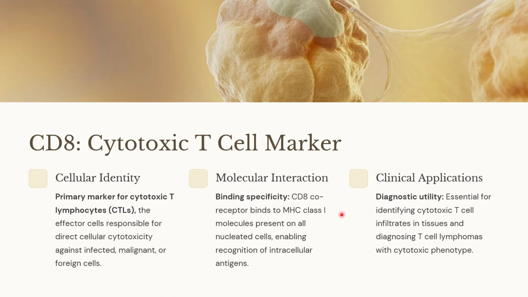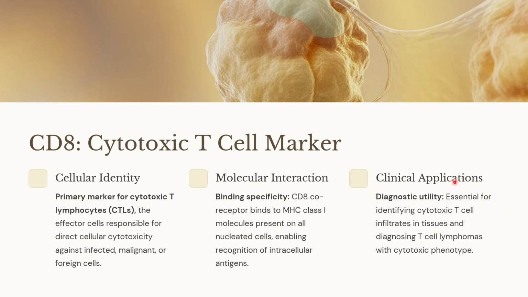When a normal cell is infected with a virus, transformed by malignancy, or is foreign, these abnormal peptides are presented on MHC class 1. How does CD8 help? CD8 binds to MHC class 1, stabilizing the interaction between the cytotoxic T cell receptor and the antigen. This recognition activates the cytotoxic T lymphocyte to release perforin and granzymes, initiating apoptosis.